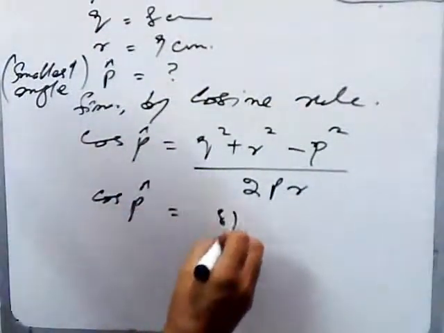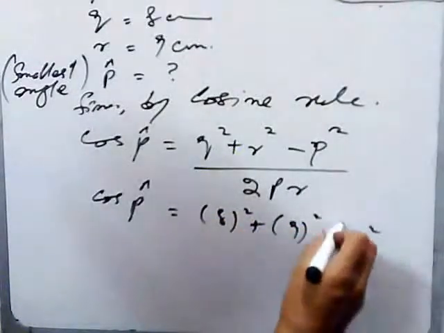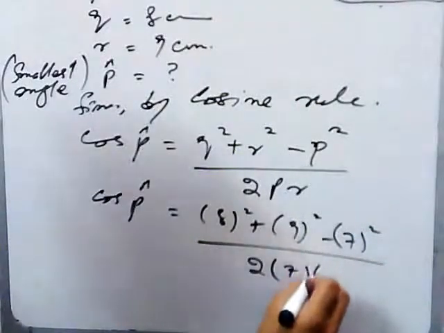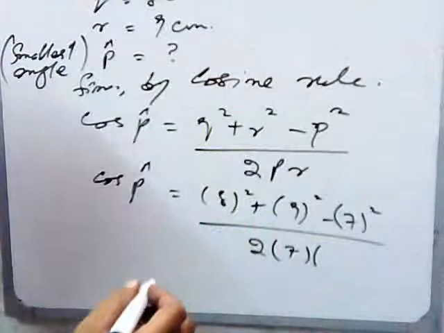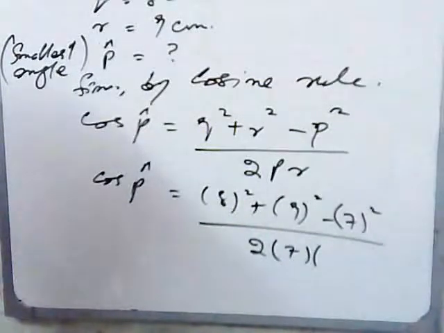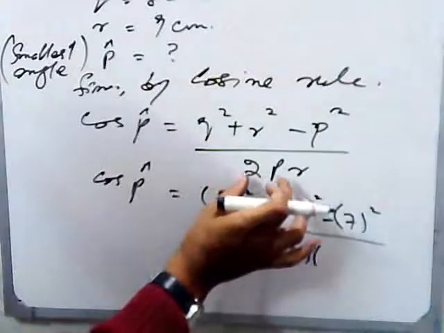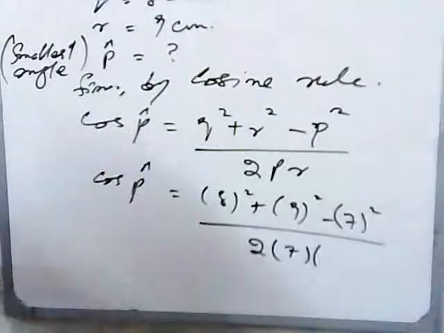The value of q is 8 square, r is 9 square, minus 7 square, divided by 2qr.